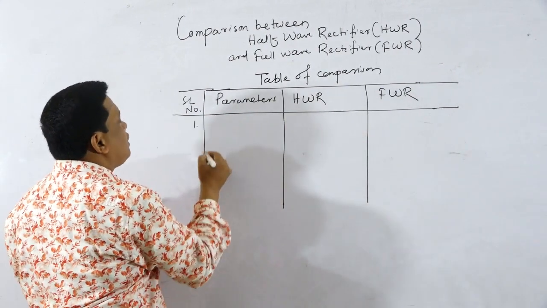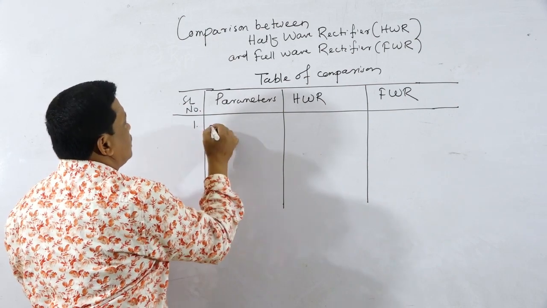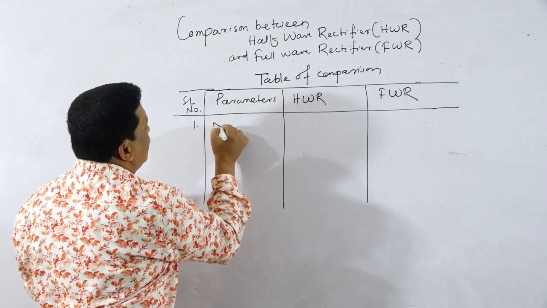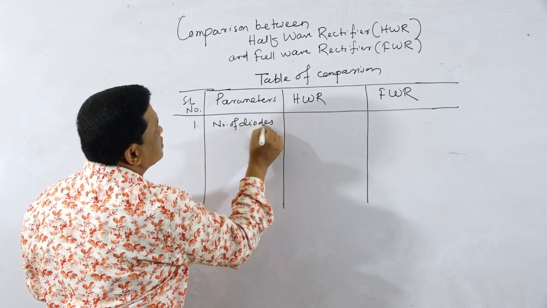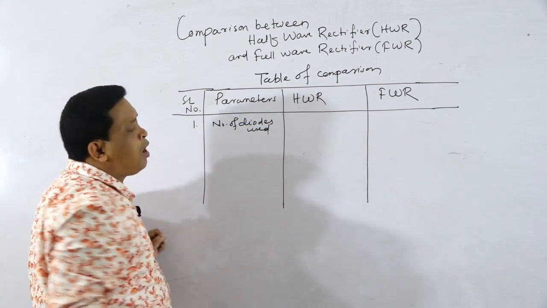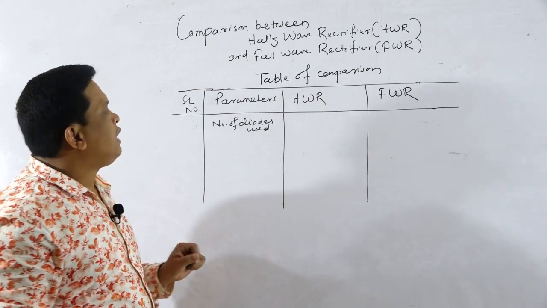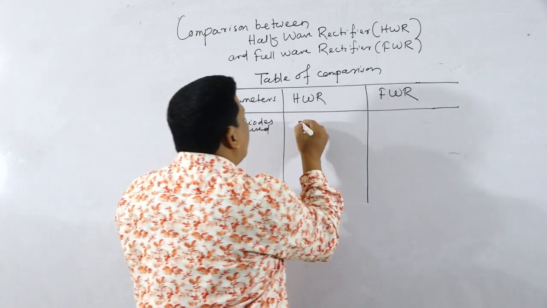Point number 1, that is the number of diodes used. How many diodes are used in a half wave rectifier? Only one.